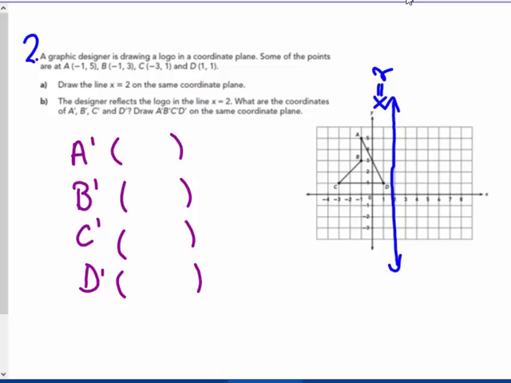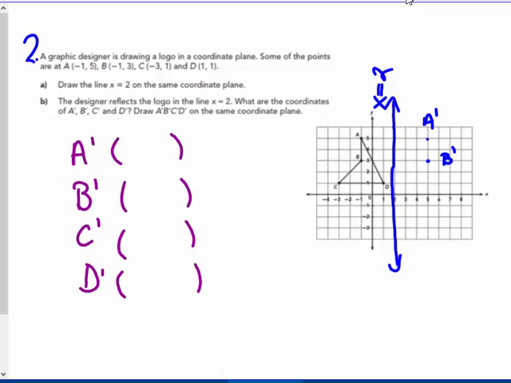So I'm going to start with point A, which is 1, 2, 3 to the left. So I have to go 3 to the left of x equals 2, which is x equals 5. So A's image is now the point 5, 5. B is 3 to the left, so I'm going to go 3 to the right of x equals 2, and it's going to be the point 5, 3.